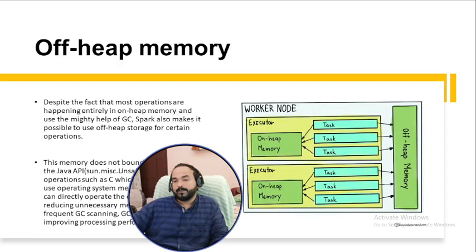Now, the second part we already covered in heap. So let me quickly summarize what we have discussed inside heap memory. Inside heap memory we have storage levels: reserved, which generally stores your Spark internal objects, and user memory. Guys, user memory stores your program objects, data, and variables.